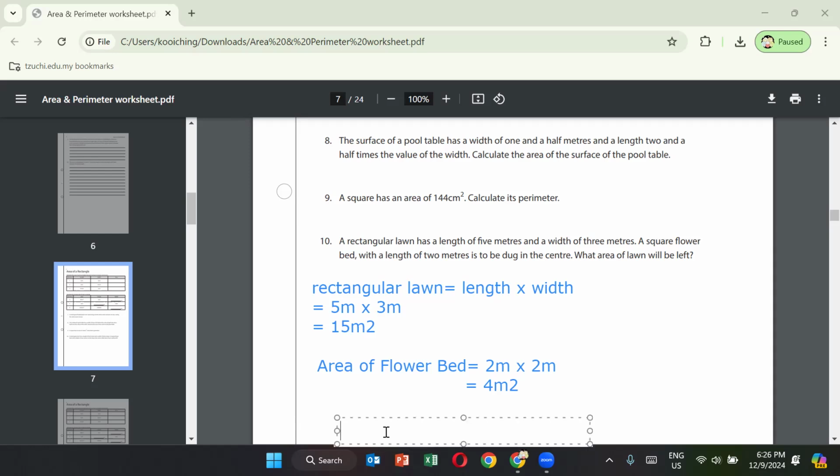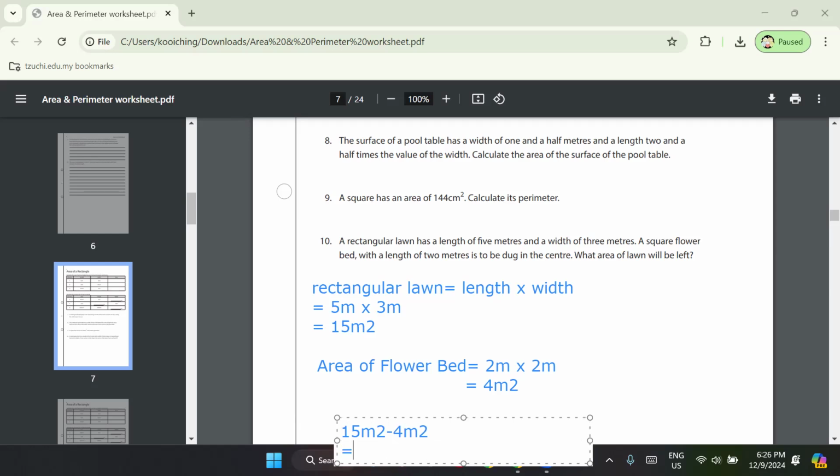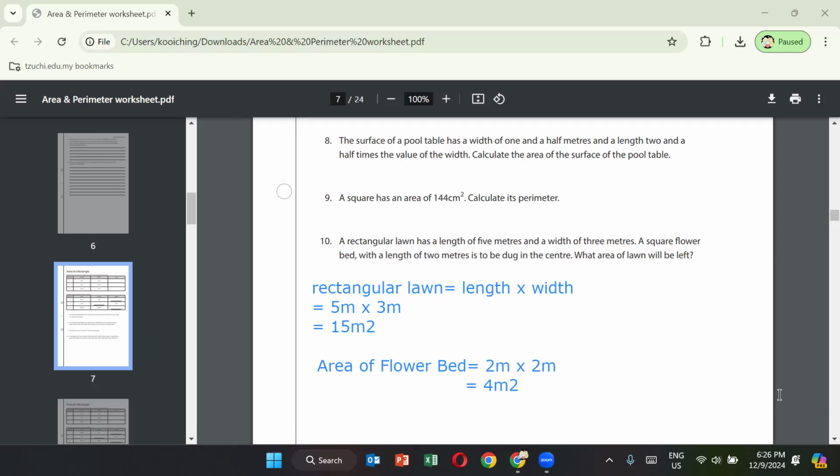So the rectangular lawn is 15 meters square minus 4 meters square. It will be equal to 11 meters square. And this will be the final answer for question number 10.